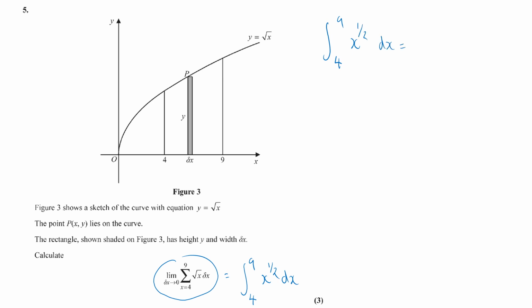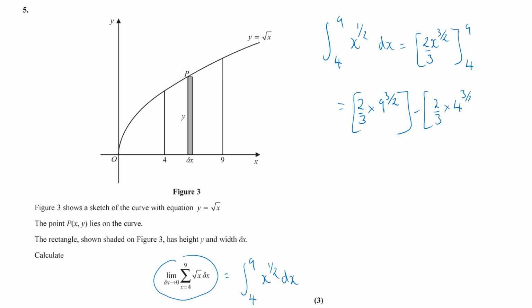Then what do we do to integrate? Just add 1 on, divide by the new power. So that will be x to the 3 over 2, divided by 3 over 2, which is the same as timesing by 2/3. And we need to do that between 4 and 9. So that's equal to 2/3 times 9 to the 3 over 2, and we need to take away 2/3 times 4 to the 3 over 2.